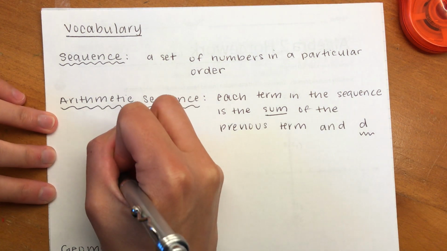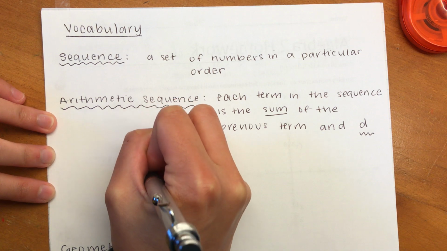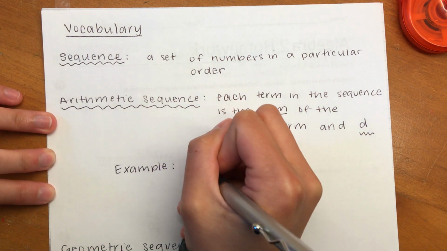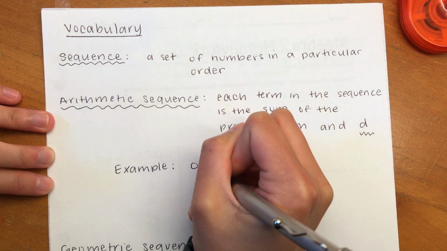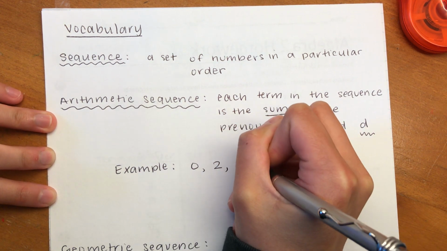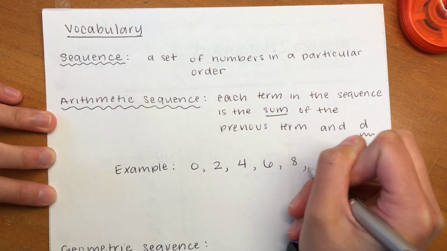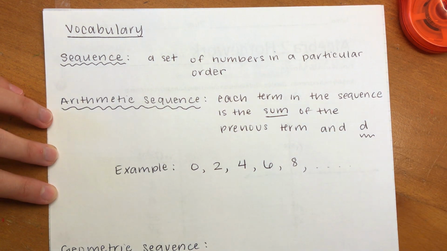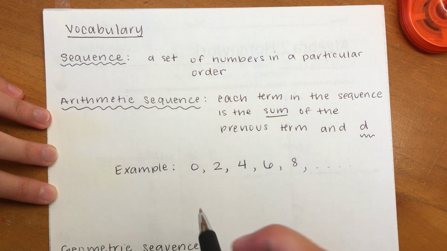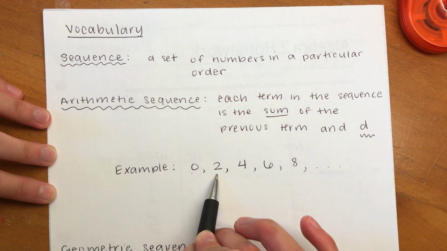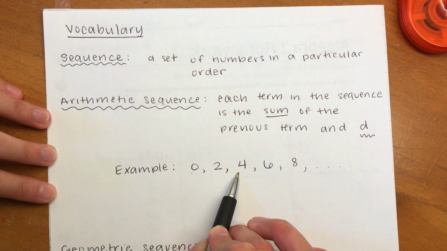So, for example, if I have the sequence and I start at 0, 2, 4, 6, 8, and this continues. What am I adding each time I go to the next term? So 0 is my first term, 2 is my second term, 4 is my third term.